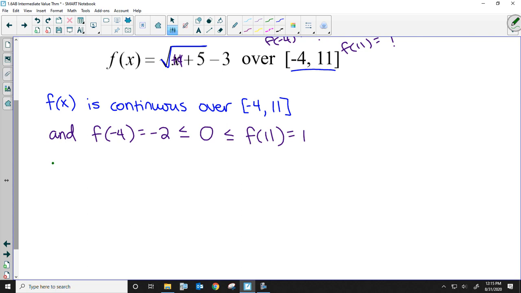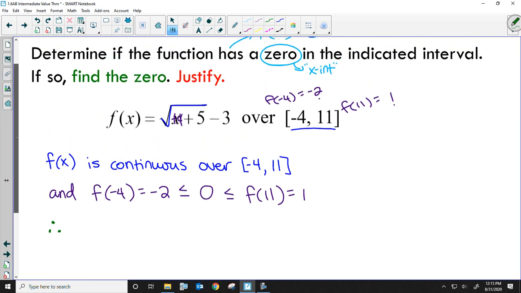Now my conclusion, and I'm just going to regurgitate what the question was. Therefore, the function, I'll call it by name, f of x, has a 0 in the indicated interval.